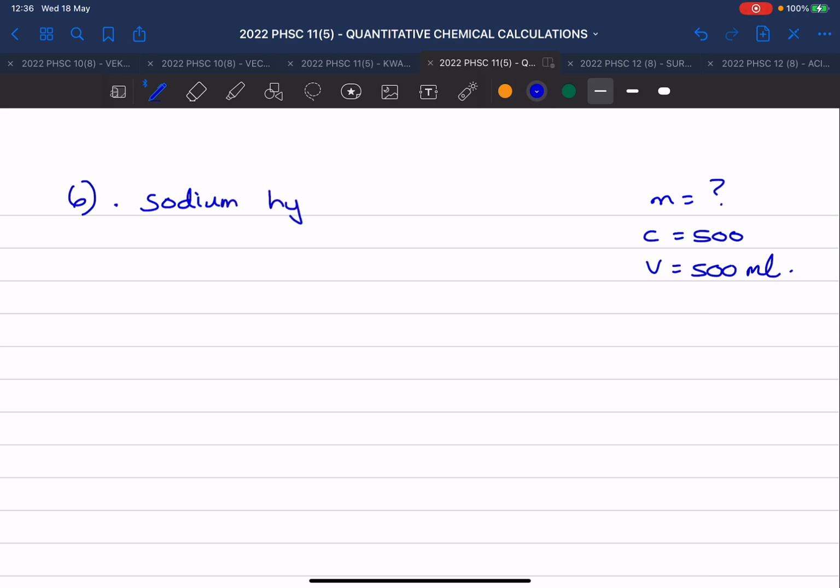Sodium hydroxide. No. Sodium symbol. Na. What's the valency for sodium? Say again? No. 1 plus, 1. What is hydroxide? It's not on the periodic table.